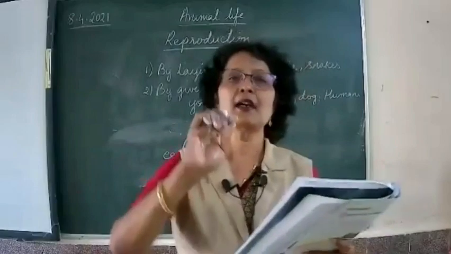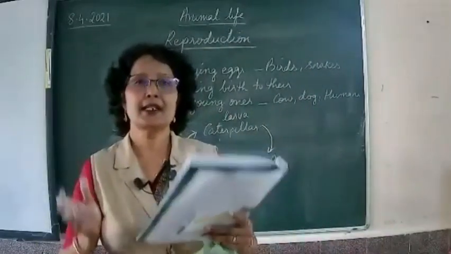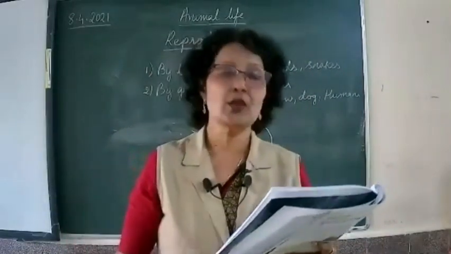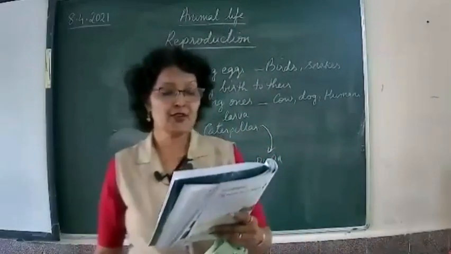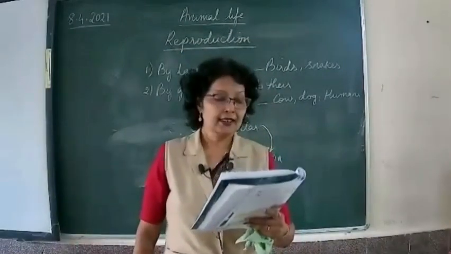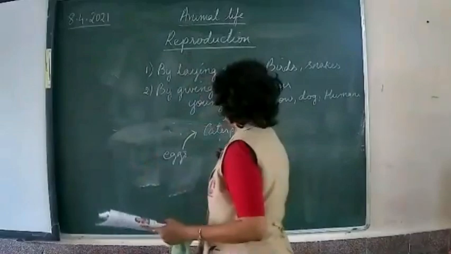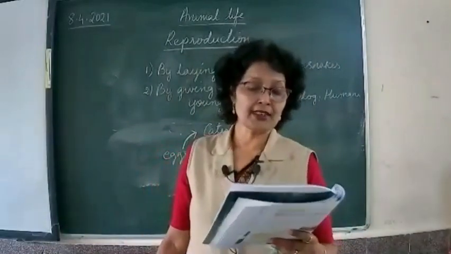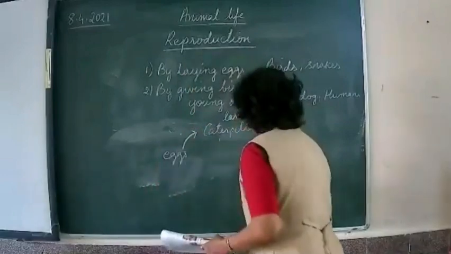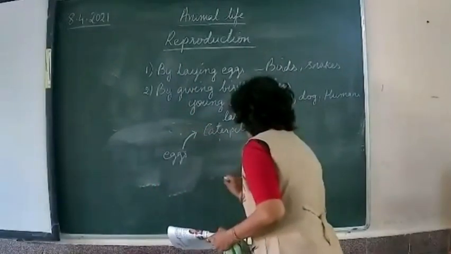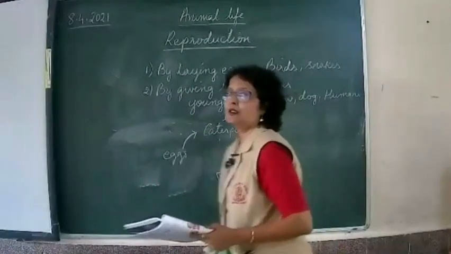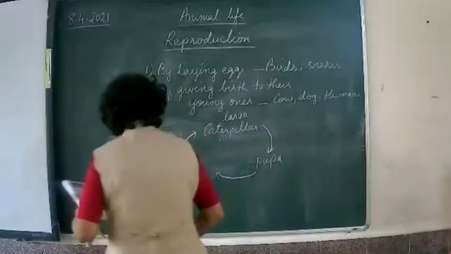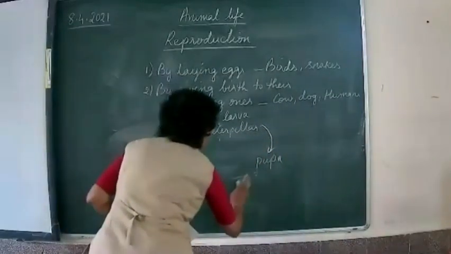After the larva eats and eats and grows in size, it stops eating and becomes a pupa. Pupa is also called the resting stage. After a day or two, a beautiful adult butterfly comes out of the pupa.